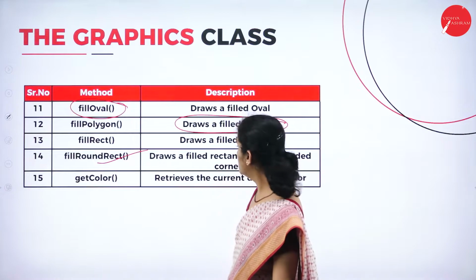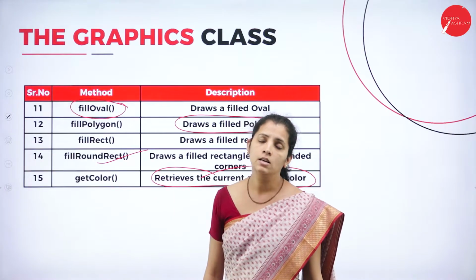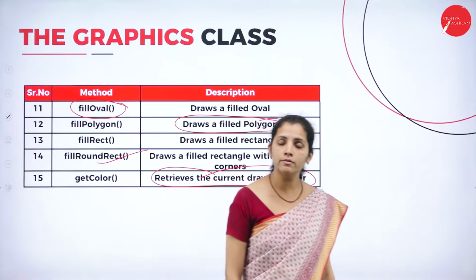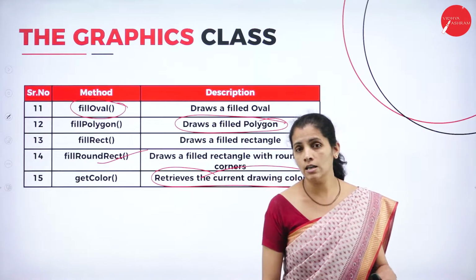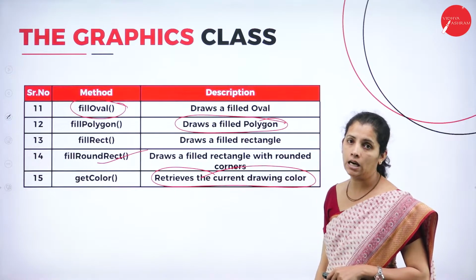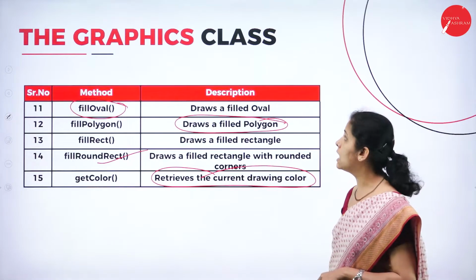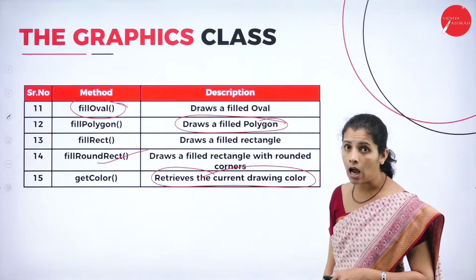And getColor means retrieve the current drawing color. Suppose I want to retrieve the current drawing color, then I'm going to make use of the method called getColor.